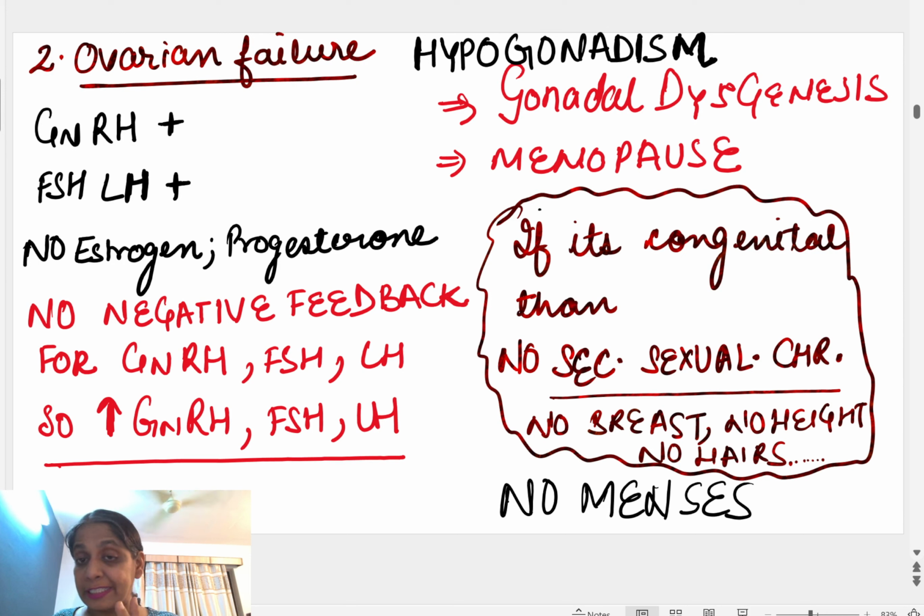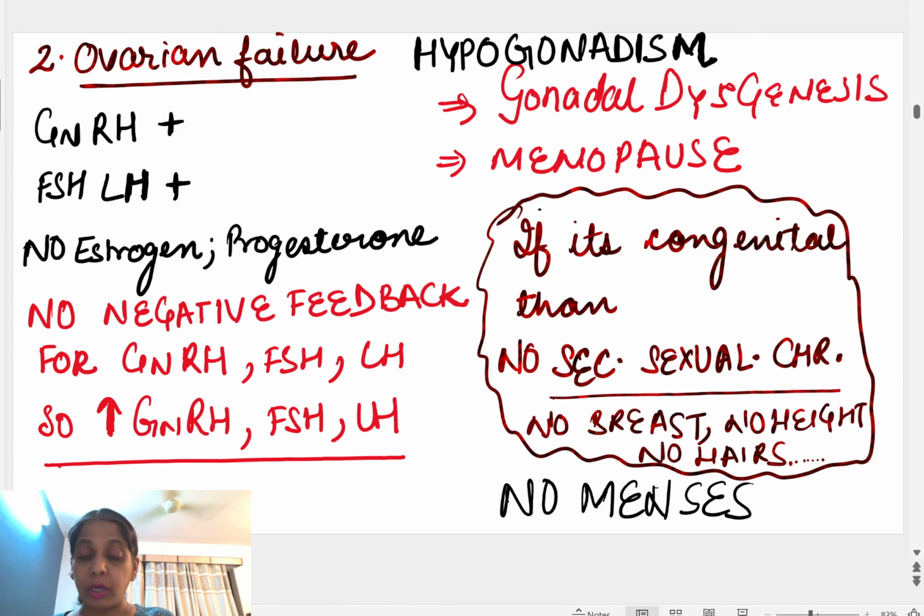So there are two hormone changes in ovarian failure. First of all, there will be low estrogen and progesterone, and much higher gonadotropin releasing hormone and FSH, LH. Why is it hypergonadotropic? Because the ovarian estrogen was giving the negative feedback.